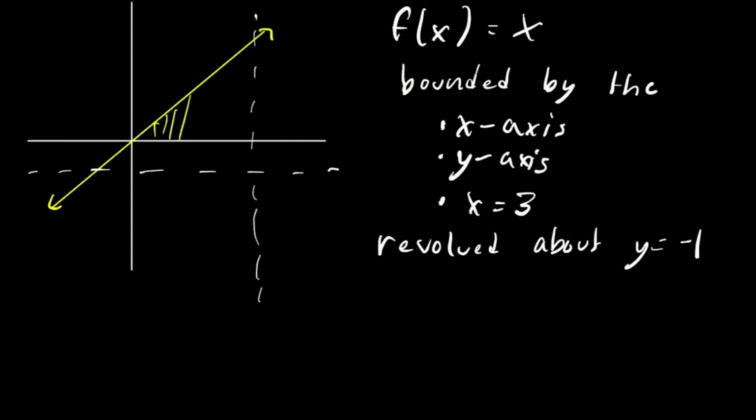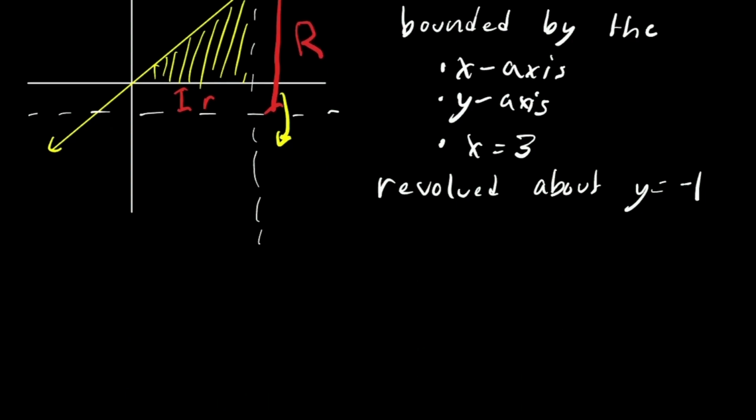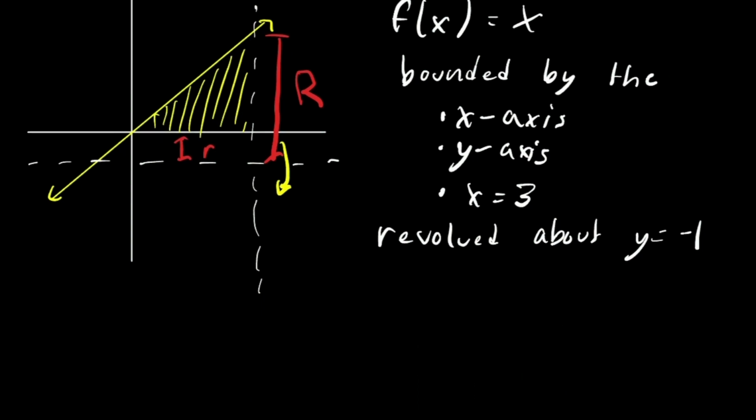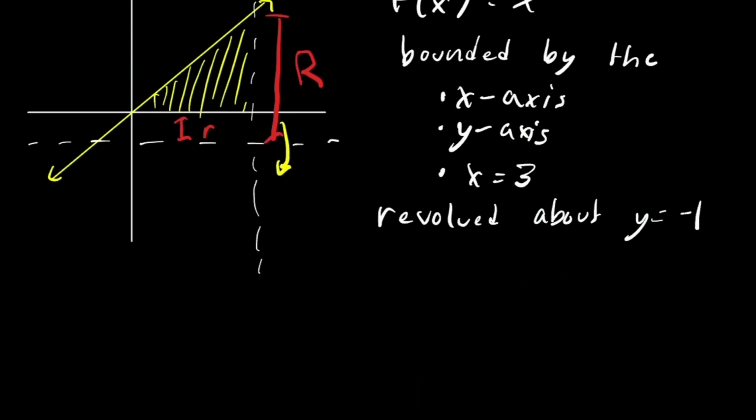So this is the shape, and we're revolving it about y equals -1. So we'll have a hole here, and the distance, our big R, is that distance. So our little r, since it's this distance, it's from the x-axis to y equals -1.